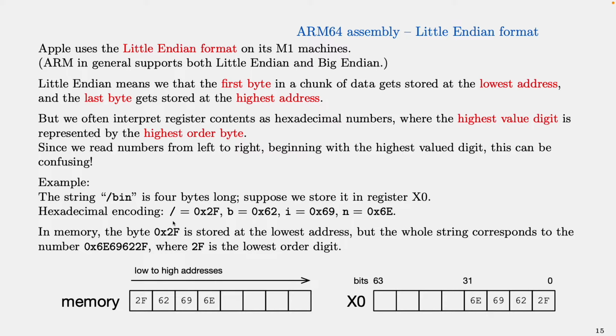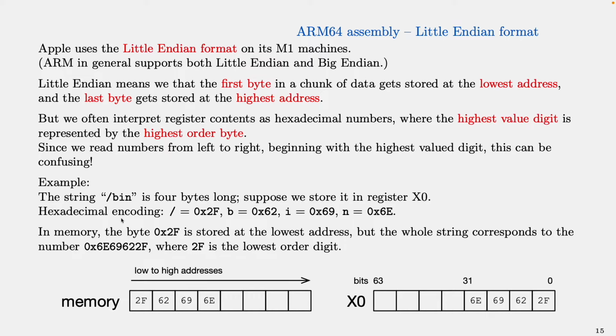Now, because the slash is the first byte in this string, it will be stored at the lowest address. Then at the second lowest address, the B will be stored, at the third address I, and at the highest address the N will be stored. Okay, so the first byte from the left to the right is at the lowest address.